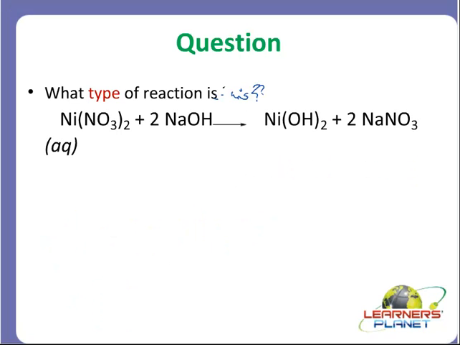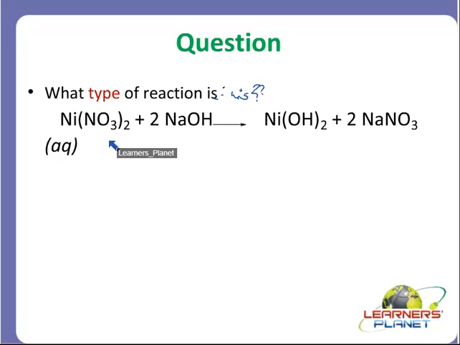That is, what type of reaction is this? Nickel nitrate reacts with sodium hydroxide, giving nickel hydroxide and sodium nitrate. Okay, students. So just by seeing this reaction, you can point out what type of reaction this is.